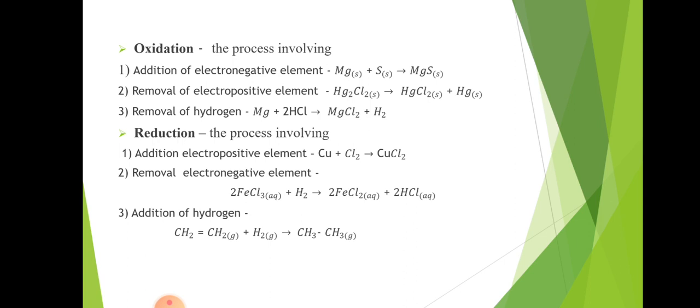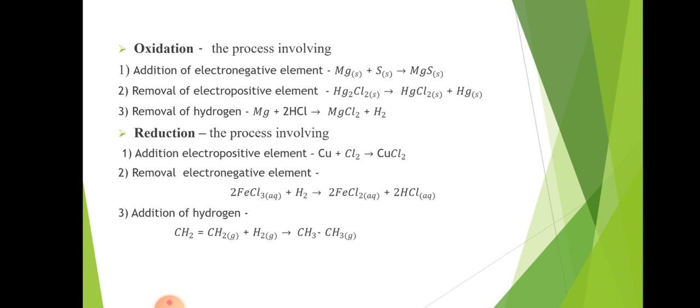CH2 double bond CH2 is ethene, which is in gaseous form, and it combines with hydrogen because, according to the definition, reduction is the addition of hydrogen. So ethene combines with hydrogen to form ethane, that means CH3 single bond CH3. These are the different types of definitions of oxidation and reduction.